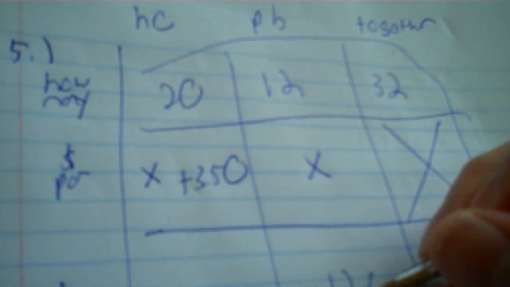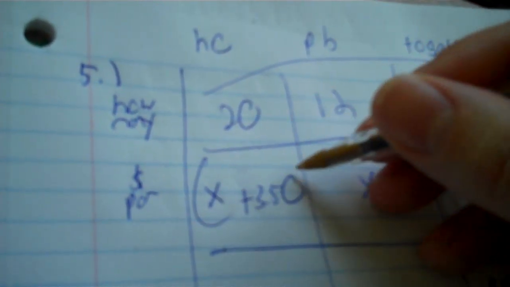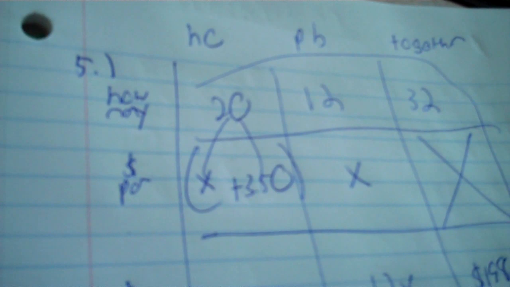Don't worry about that. Now the only thing you know about cost is that the hardcovers cost $3.50 more than paperback books. So I put plus 3.50 with hardcover. Now we don't know what the hardcover costs. We just know they cost $3.50 more than this. So I put X and X. So we know we got 12x here. Now to multiply this, you need to put a parentheses and apply the distributive property.